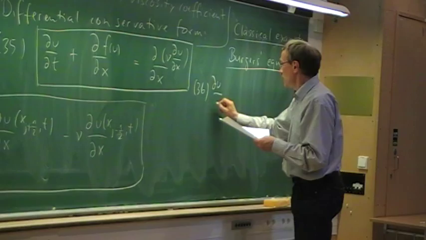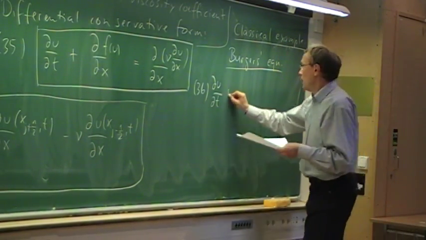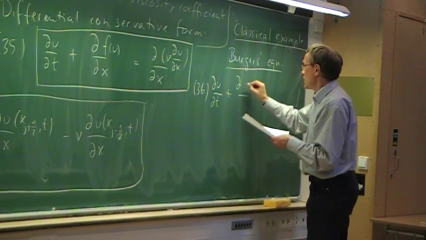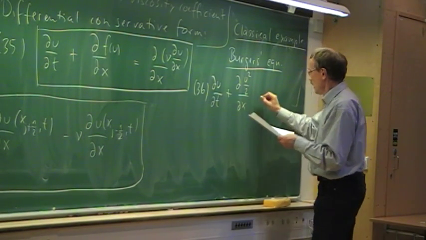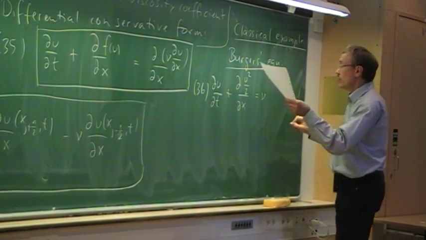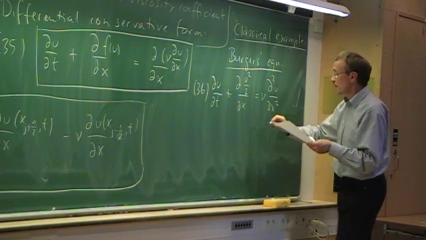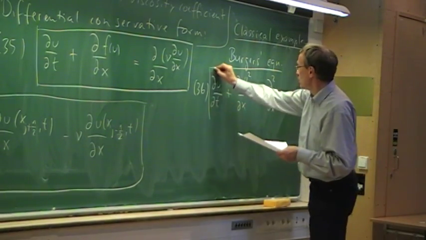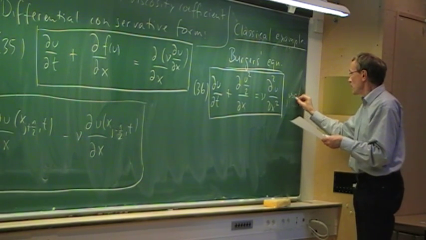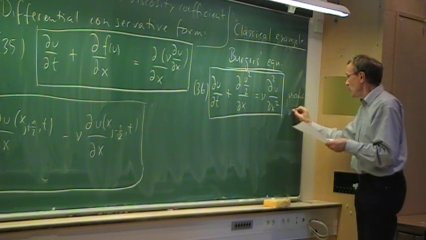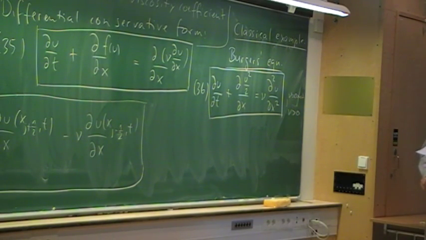We have the time derivative of u, which comes from the velocity. And then we have the space derivative of u squared half. And on the right hand side, we have now the new constant. We have the second derivative of u with respect to x. So that is the Burgers equation. And here nu is constant and nu is positive. If nu is 0, we have the inviscid Burgers equation.